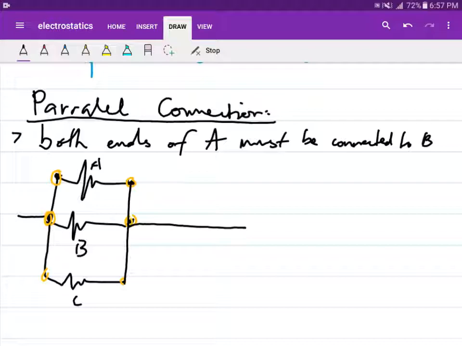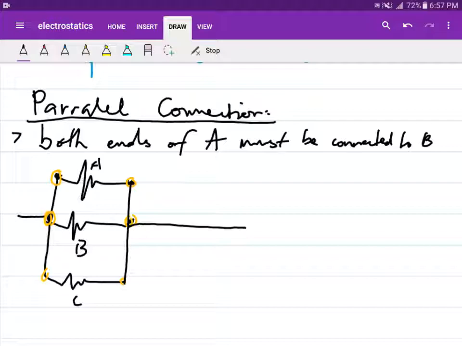So take a serious look at how these both ends are connected in a single wire. So this is the parallel connection.